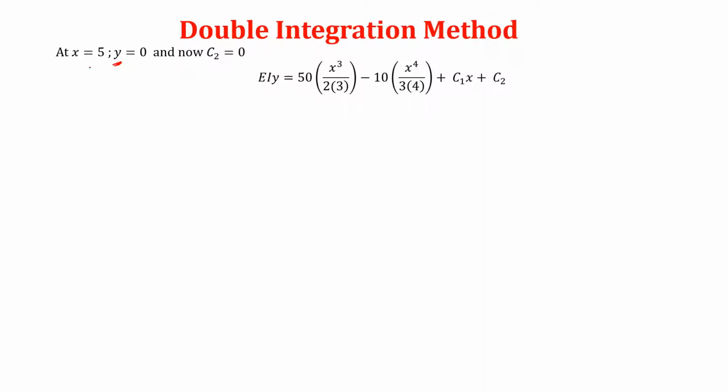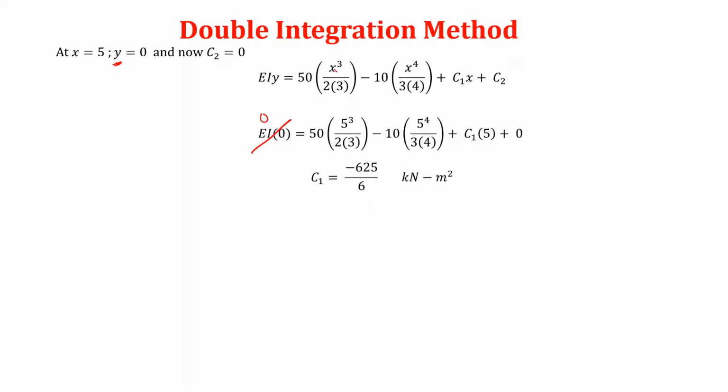Substitute in the equation with y. So going back to the deflection equation, when x is 5, y is 0. We substitute 5 for x and 0 for y. Of course, since y is 0, what's left is C1. Solving the equation, we get C1 equal to negative 625 over 6.